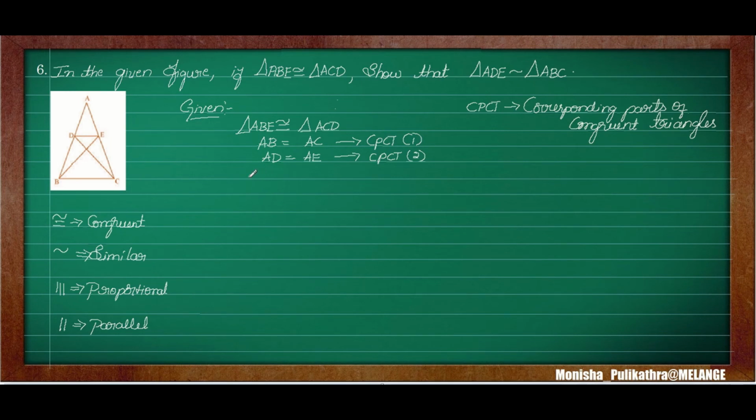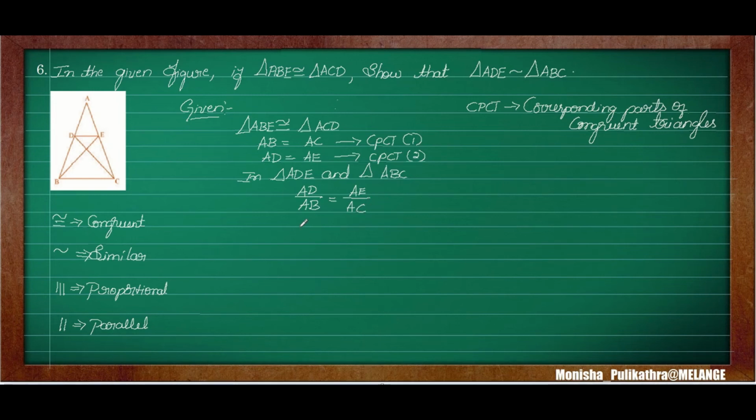Next, we need to compare in triangle. They have asked to prove whether these two triangles are similar or not. So in triangle ADE and triangle ABC, we need to compare which sides are equal. We already know that these sides are equal, so we can write it in ratio form. AD by AB is equal to AE by AC, since both are equal by CPCT.